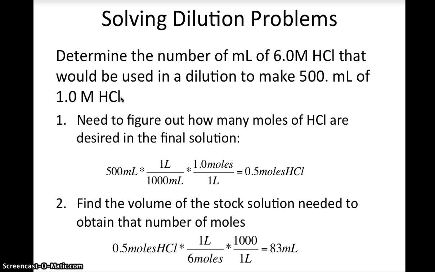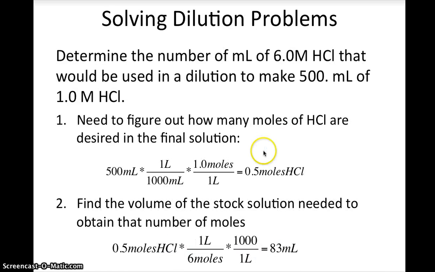But what we need to figure out is how many total moles of that acid we want in that 500 milliliters of our final solution. So we're going to take 500 milliliters, convert that into liters, and multiply by the desired molarity to realize we want 0.5 moles of HCl in our final solution.